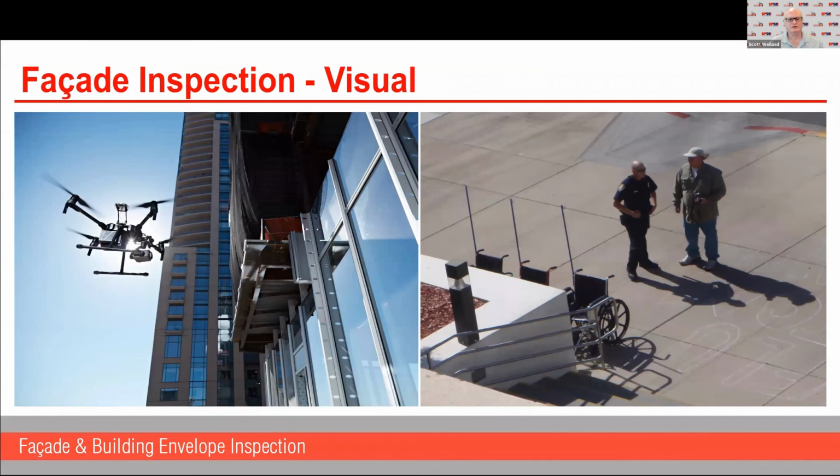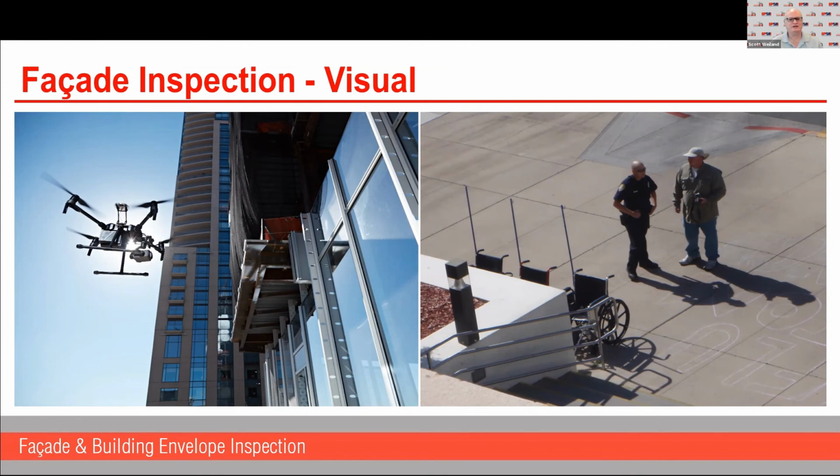Starting out with the visual inspection, the photograph on the left used to be a picture of a couple of tripods with one engineer on a telephoto lens camera, the other engineer looking through binoculars. And we were looking for anomalies in the exterior facade, places we wanted to look at close up when we did our hands-on inspection.